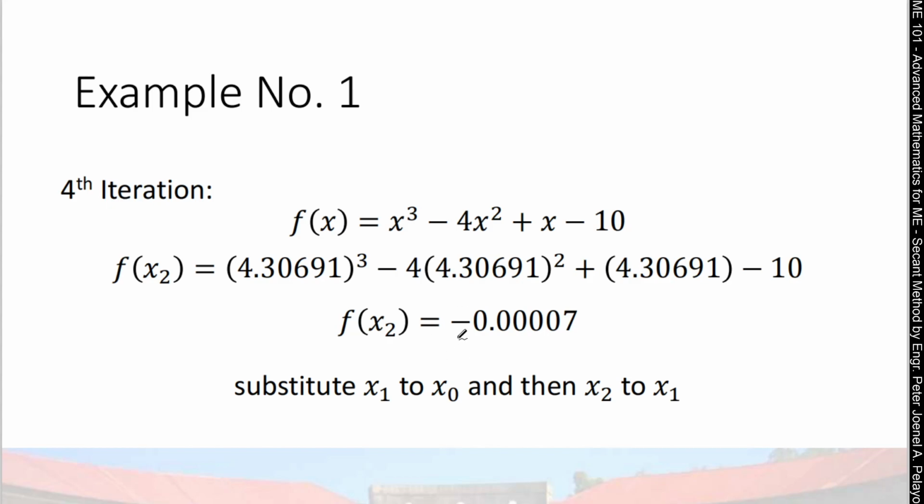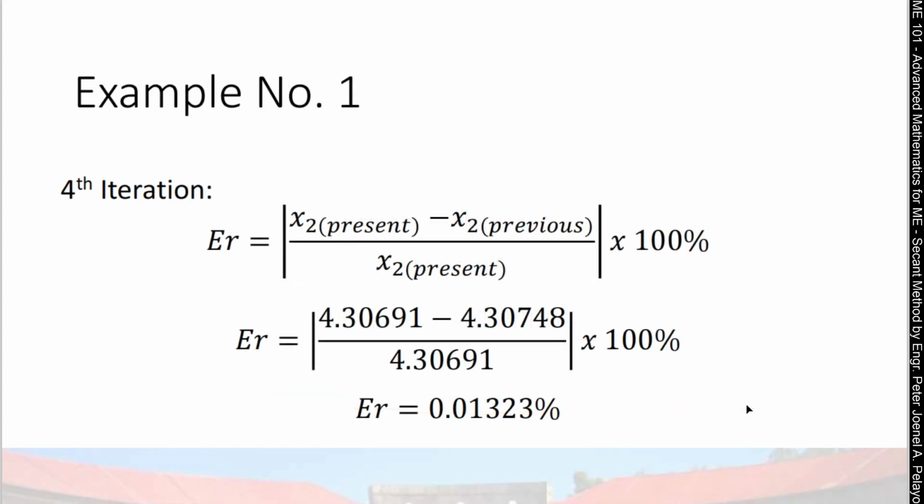So, f(x2) natin is negative 0.00007. Then, paulit-ulit lang to. Substitute x1 to x0 and then x2 to x1. With a relative error of 0.01323%. So, hindi pa siya less than or equal to 0.01%.